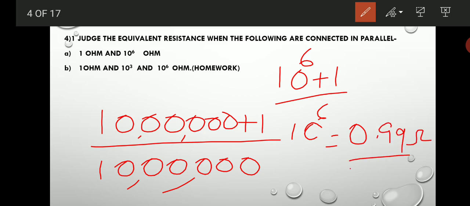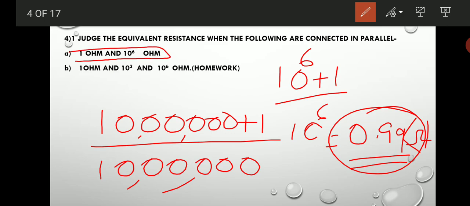Now compare this value and this. This is less, right? Very less. 0.99 is less than 1 ohm. Remember, students, in a parallel connection, the effective resistance is always less than the smallest individual resistance.